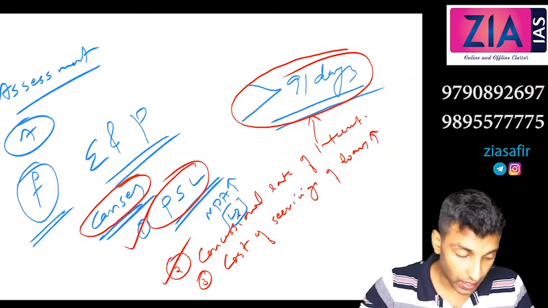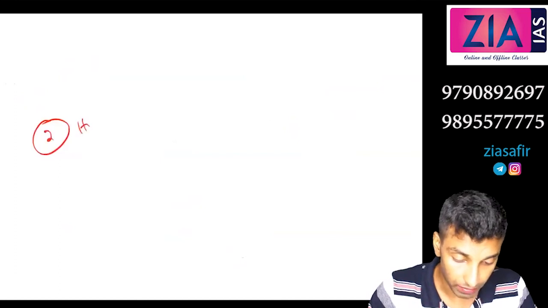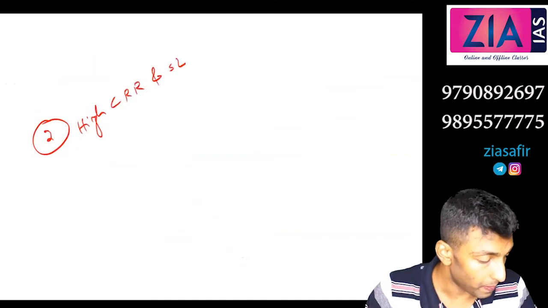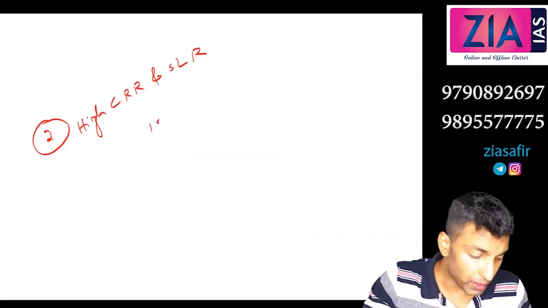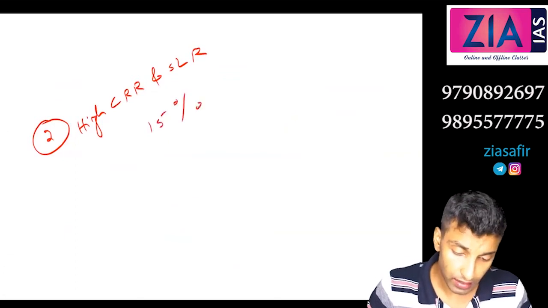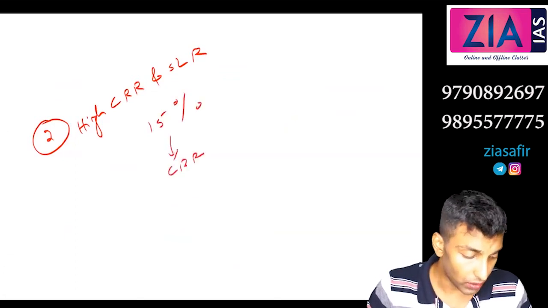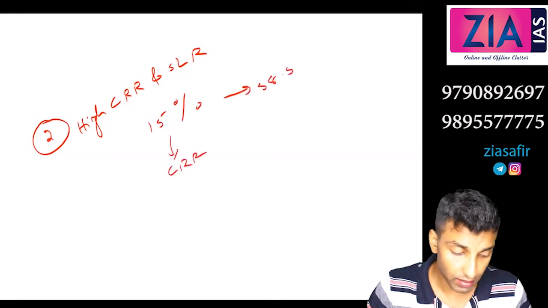We are talking about the causes. Second cause, high CRR and SLR. Before, in 1991, CRR was about 15% and SLR around 38.5%.